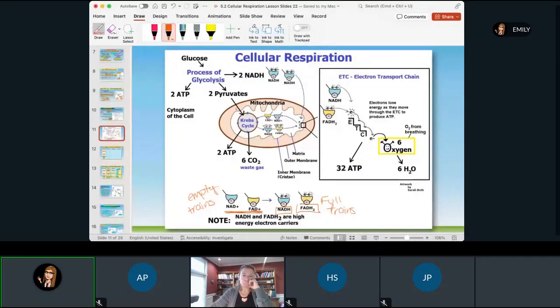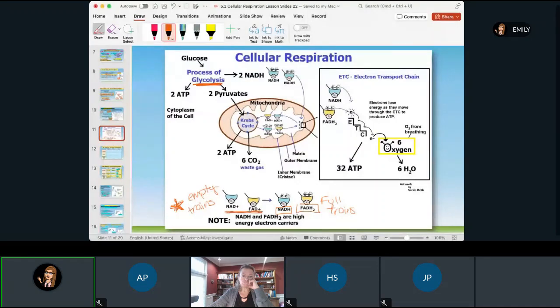Same with FADH2. If I get rid of the hydrogens, I'm left with FAD. And if I'm getting rid of electrons, it's going to be positive. Okay? So I just wanted to make a note of this part down here for you. Now, we start with glycolysis.